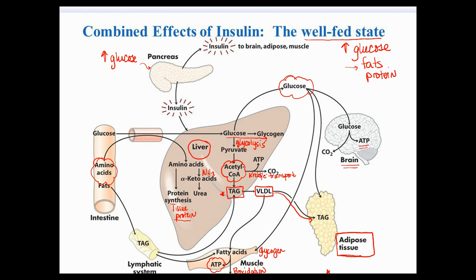Now, glucose is going to be our number one go-to because it's water soluble. It can get to the brain easily. It can go to the muscles. But if you also notice, excess glucose will make its way to form fats through this pathway here. One other noticeable thing is that fatty acids don't go directly to the brain as a fuel because they don't pass through the blood-brain barrier. So there's no arrow into there for fatty acids.